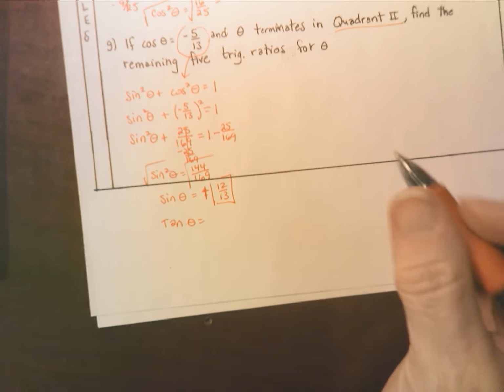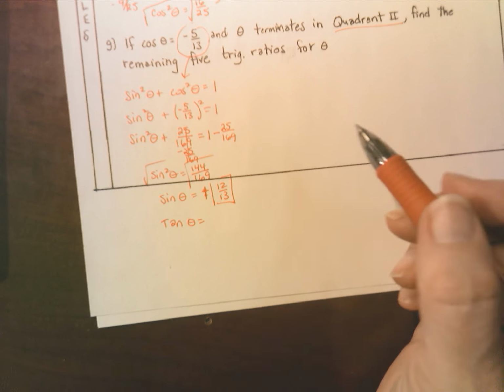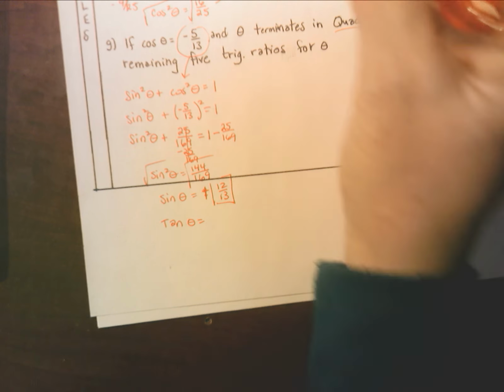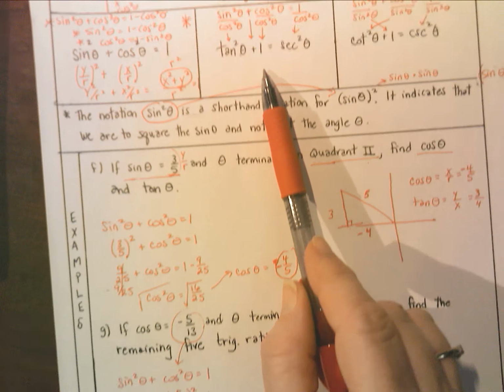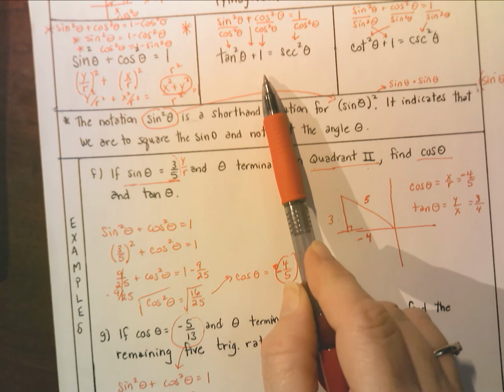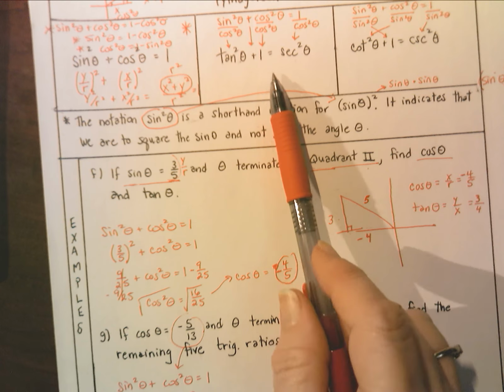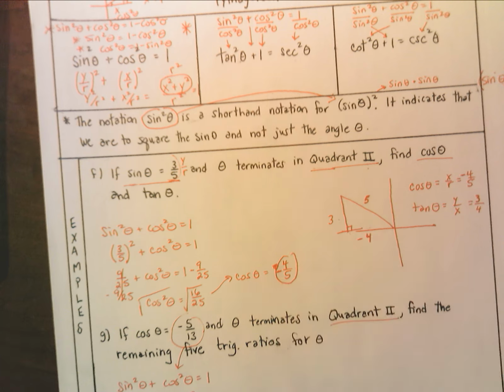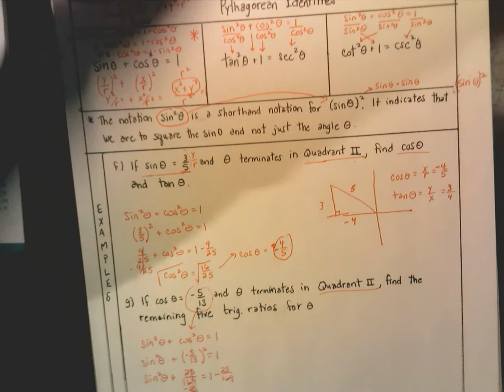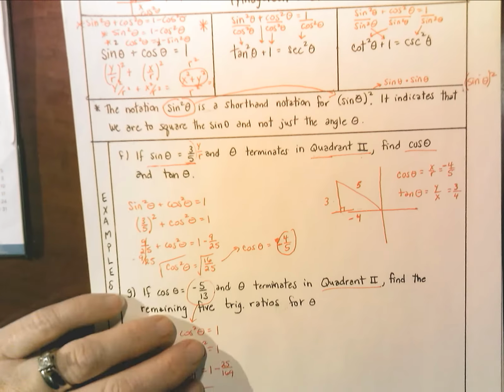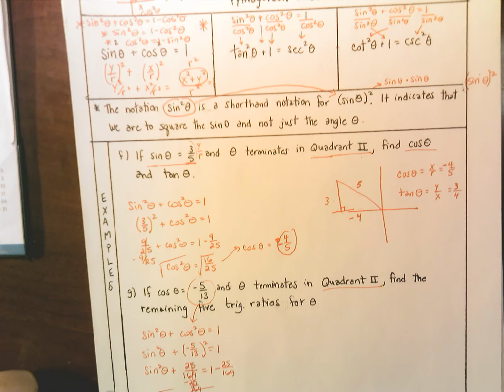So for tangent, I could use this identity here. Since I have cosine, I could flip it over to get secant and then solve for tangent. I'll do it that way since we're practicing the Pythagorean identities. But I could also just take sine over cosine, which honestly would be the quickest way.